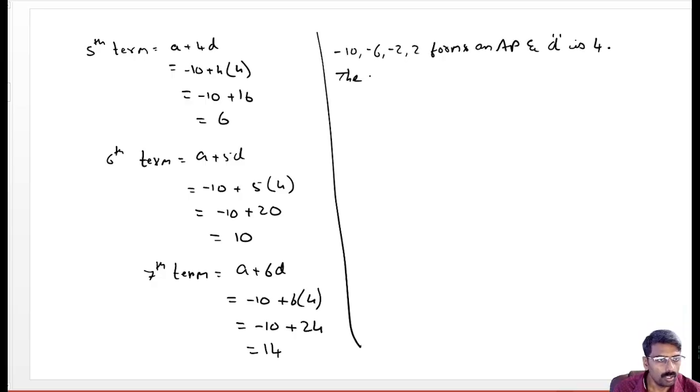The next three terms are 6 comma 10 comma 14. So this would be our answer.